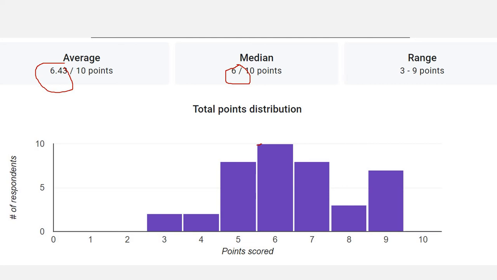In our case, it has the highest bar. So we look at the one with the highest bar. Our average is very close, so more or less it's very close to symmetrical distribution, but not exactly, just very close.